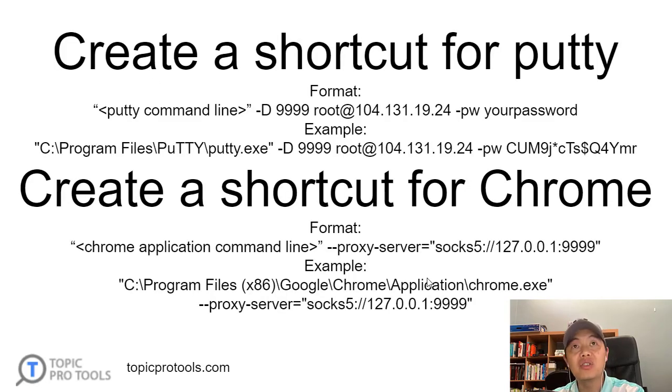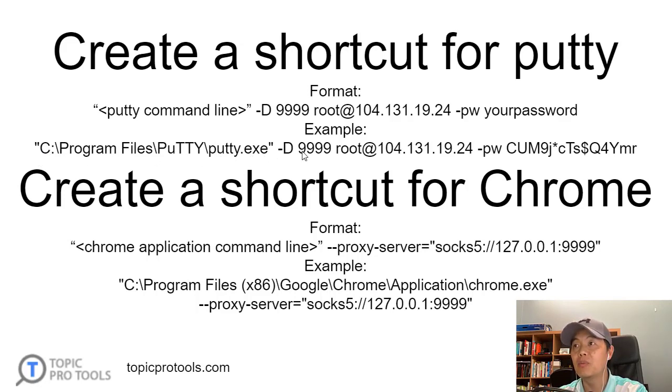The first thing that you need to do, of course, we already went through that: you need to download Putty and install it on your machine. And then what you need to do is create a shortcut for the Putty command line. If there's an icon on your desktop, just right click on it and then say create a shortcut. After you create the shortcut, you can edit the properties of that shortcut, and it should automatically show the location of your Putty.